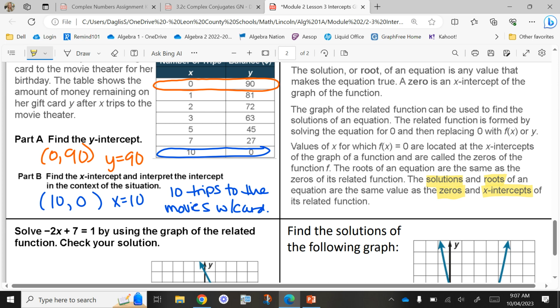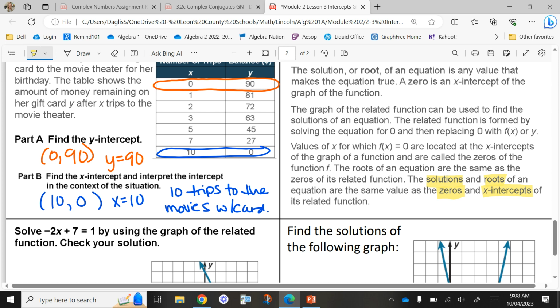So if you're ever asked to find the solution or the root of a function, that's the same thing as asking for a 0 or an x-intercept of the graph. It just usually depends on what is given to you. If I give you a graph, I'm going to ask you for the intercepts. Does that make sense? If I give you an equation, I'm going to ask for the solution or the root. So 4 different words that are asking you to do the exact same thing.